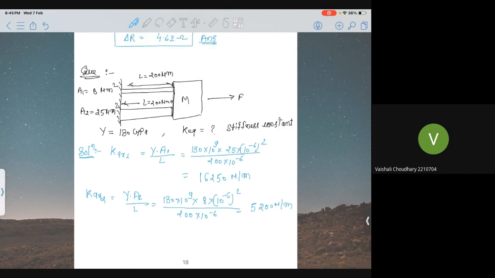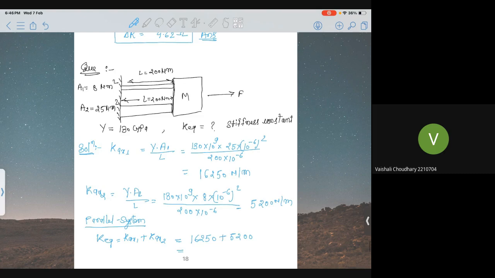So this is a parallel system. So the equivalent spring constant is Kax1 plus Kax2, which is 16250 plus 5200 Newton per meter.